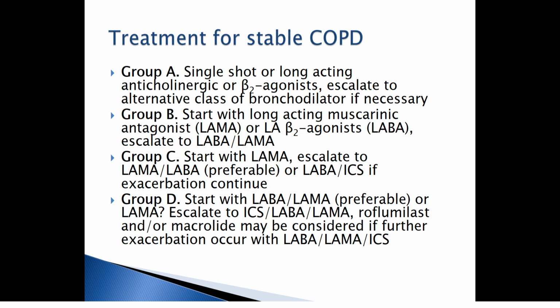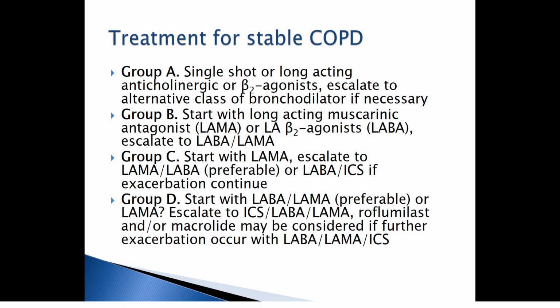But even in COPD with high risk of exacerbation, you have to use inhaled corticosteroids. In group D, high risk and high symptoms, you have to start with a combination, LABA and LAMA preferable, and it may escalate to a three-group combination, LABA, LAMA, and inhaled corticosteroid.